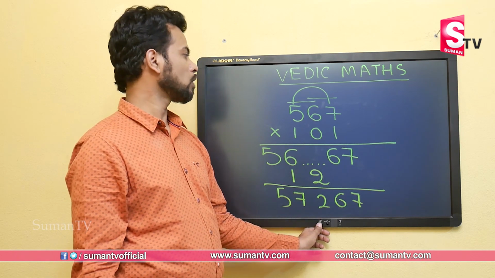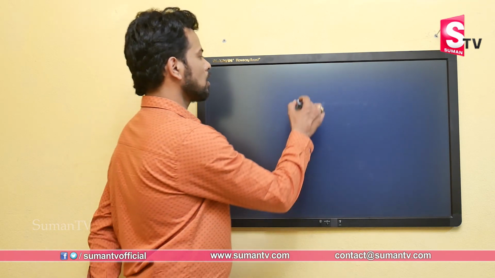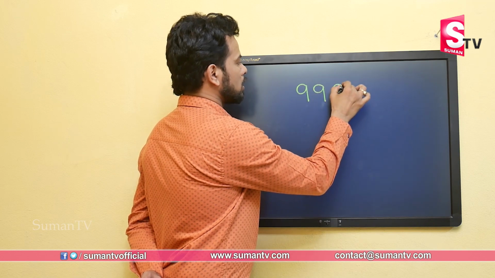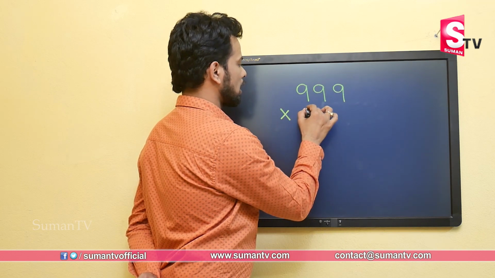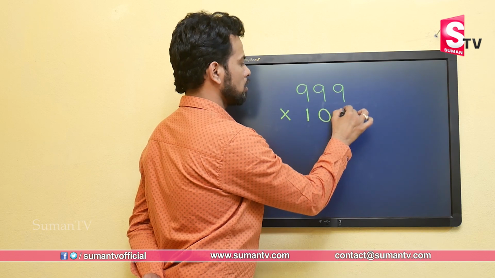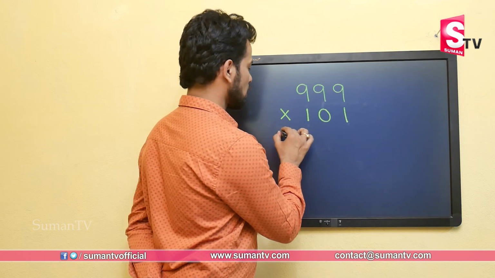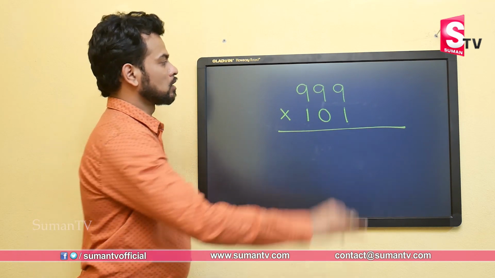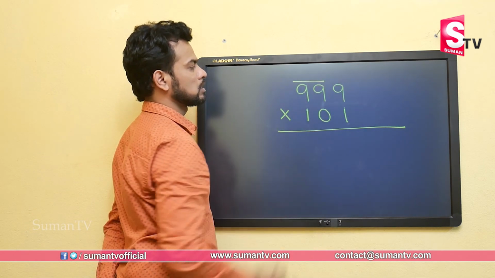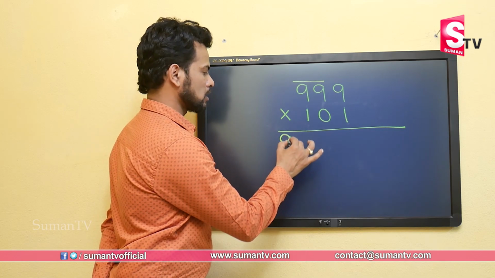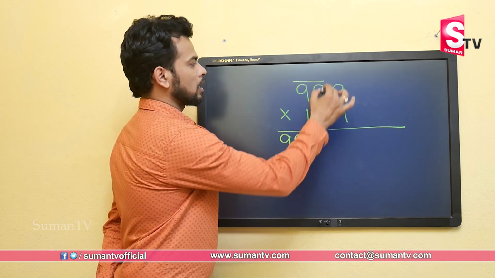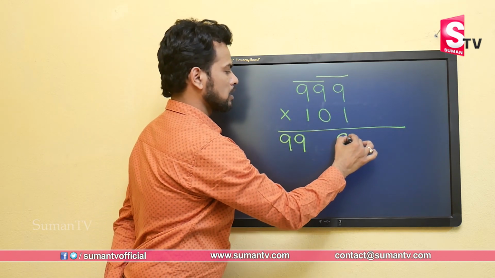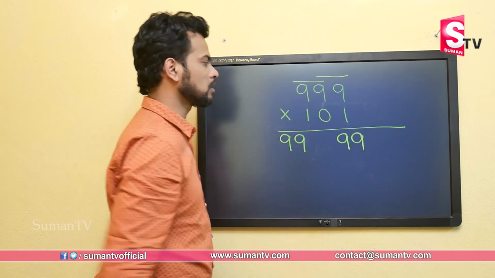Okay, let's do one more example. Suppose it is 999 multiplied by 101. Okay, so try this. First, the left side 2 digits are 99, so we will place 99 here. Again we take the right side 2 digits, that is also 99, so we place 99 as the right side answer.